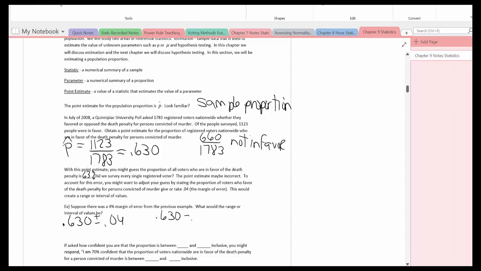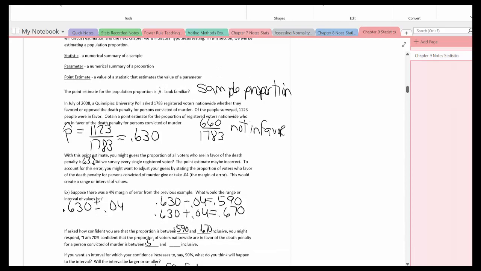Doing each of these separately, so asked how confident you are that the proportion is between this and this inclusive, you might respond, I am 70% confident that the proportion of voters nationwide who are in favor of the death penalty for a person convicted of murder is between this and this inclusive.